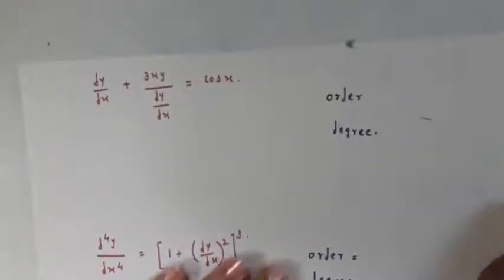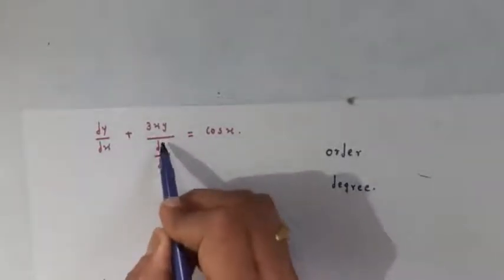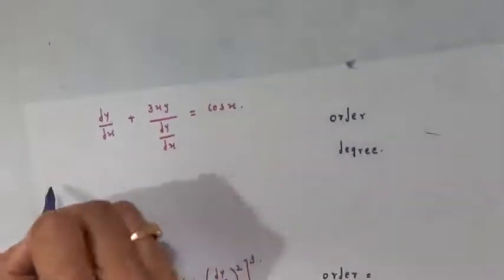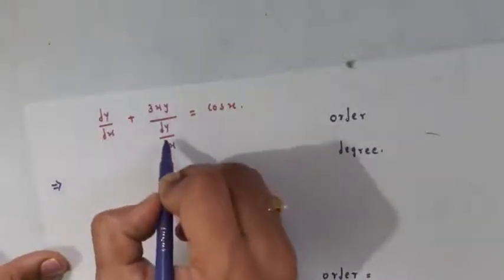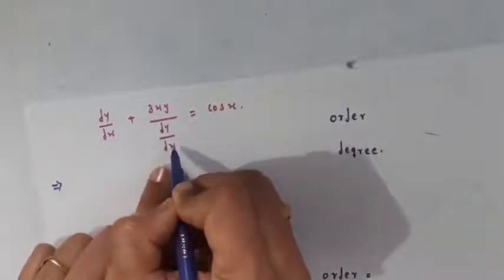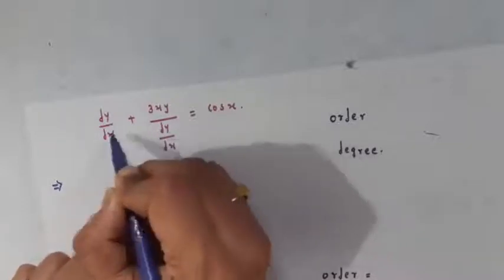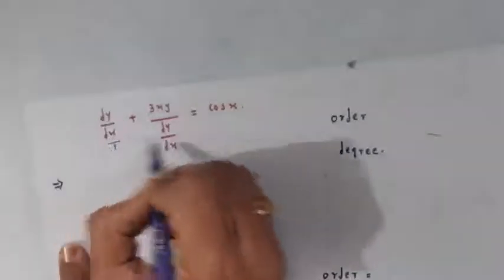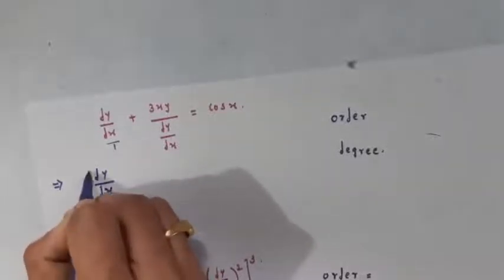Now the next differential equation is dy/dx plus 3xy upon dy/dx equal to cos x. Students, first let us simplify. Here dy/dx plus 3xy upon dy/dx. So the LCM is dy/dx, so for simplifying, multiply with dy/dx. Dy/dx into dy/dx is (dy/dx) whole square.